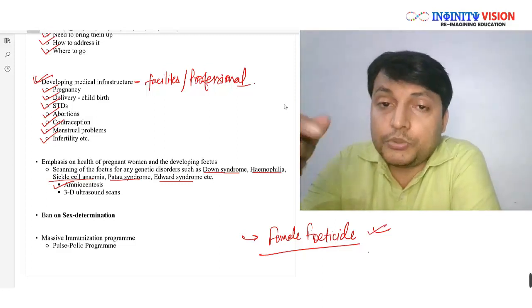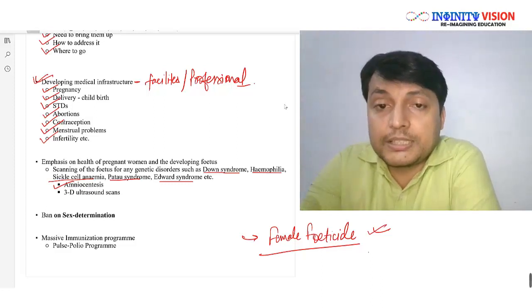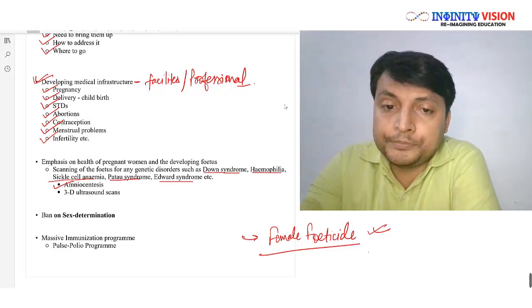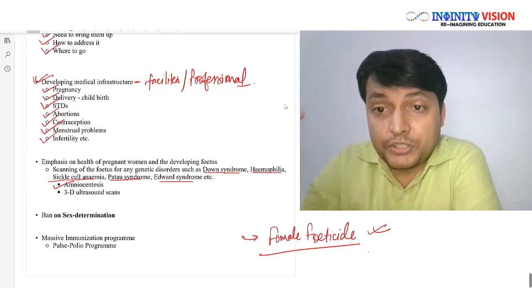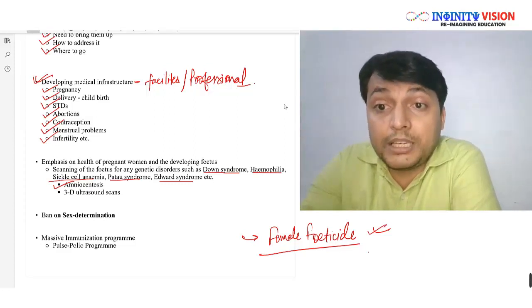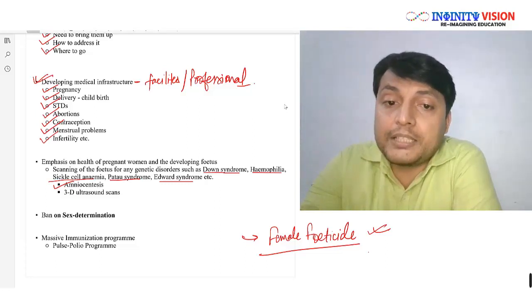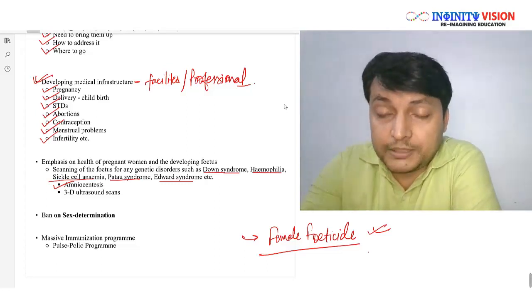The ratio changed and it became worse. In certain states, the sex ratio has changed to less than 900 females per 1,000 males. So it is a huge disparity between the number of males and females.